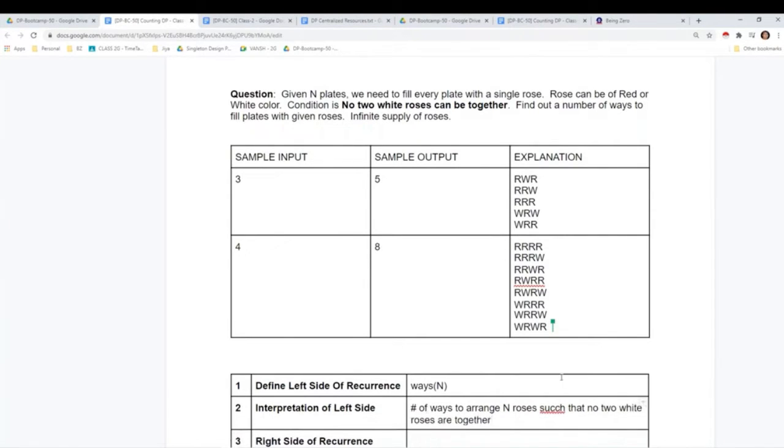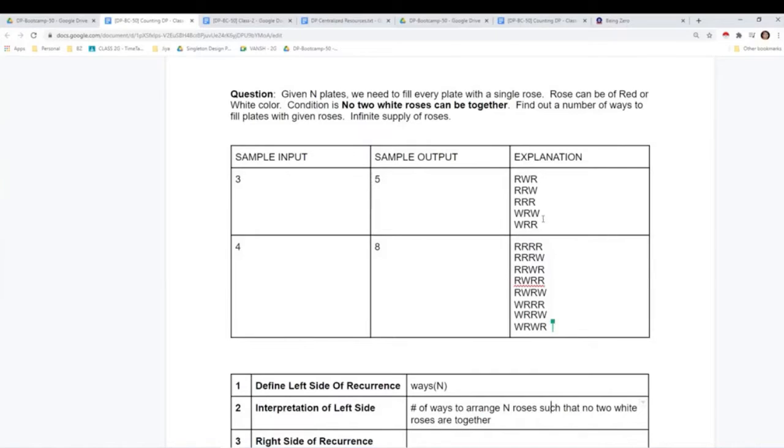That is what I'm using to describe the left side. Now, with that intuition, will it be fair to say there are some arrangements that start with R and some arrangements that start with W? There is no third possibility. That makes sense.